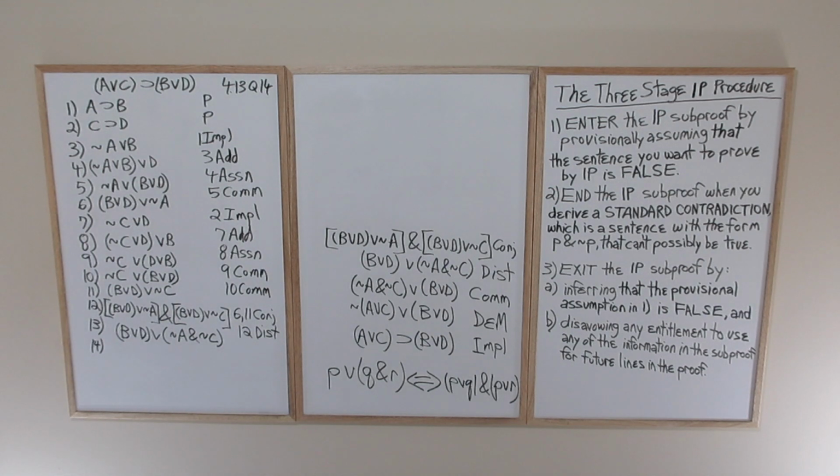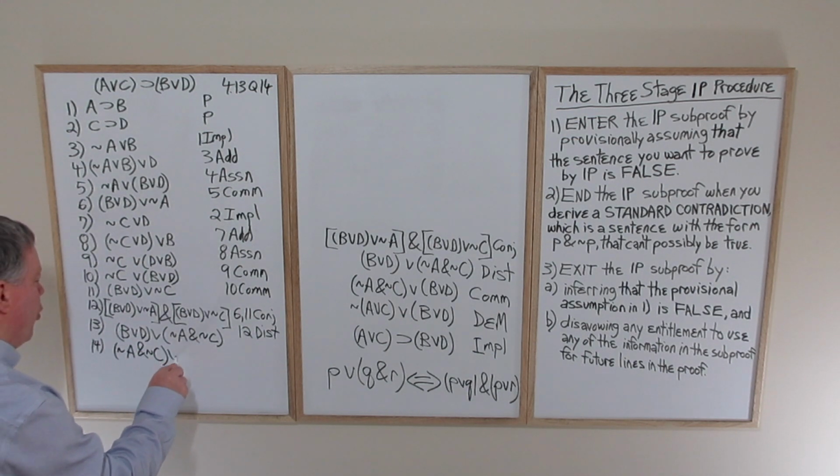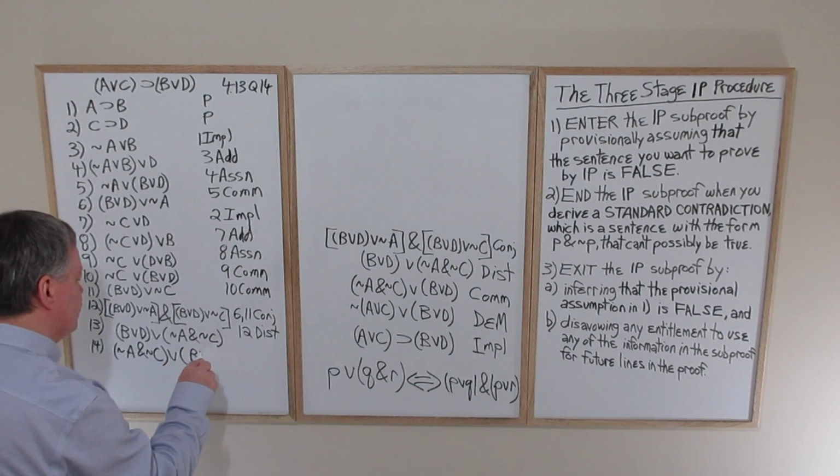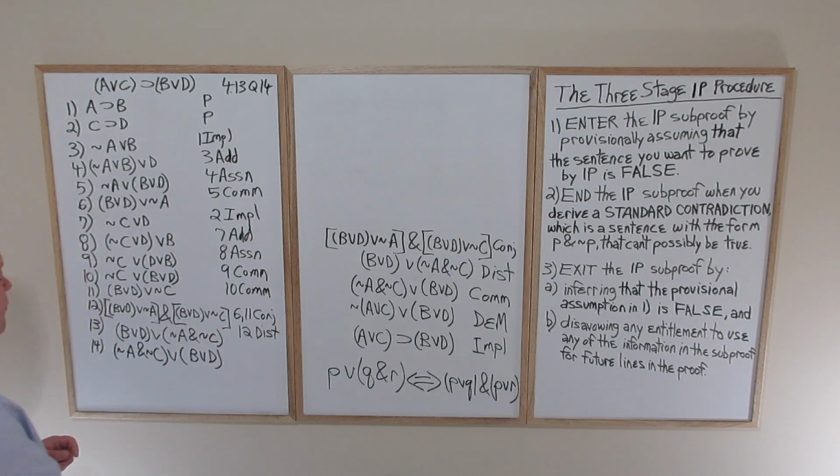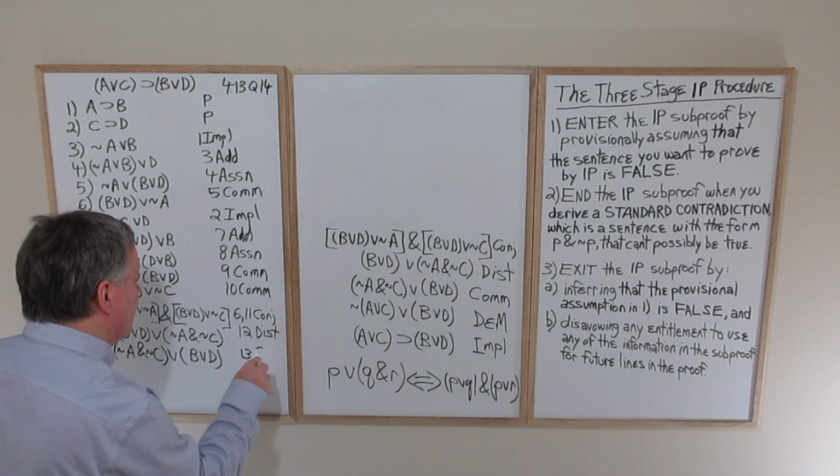Doesn't matter. I'll do the commutation first to get tilde A and tilde C or B or D.